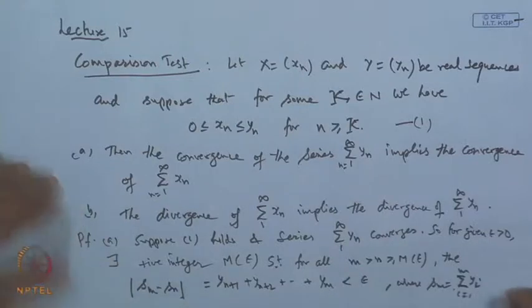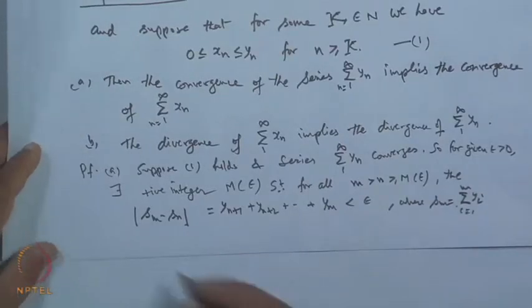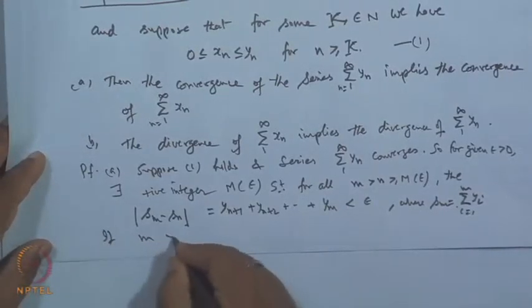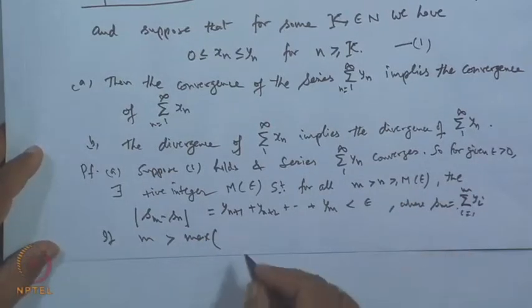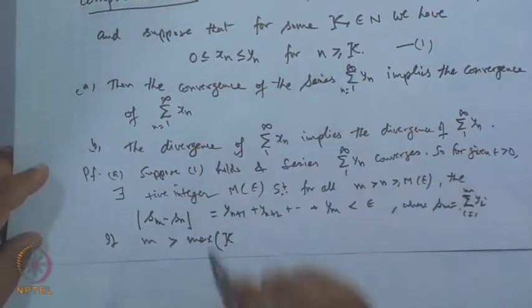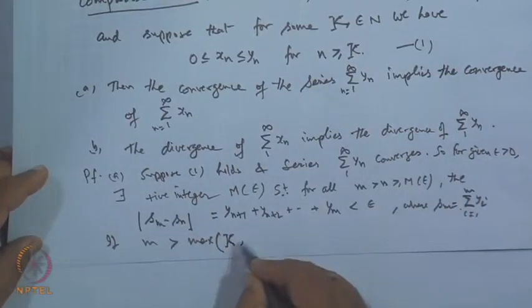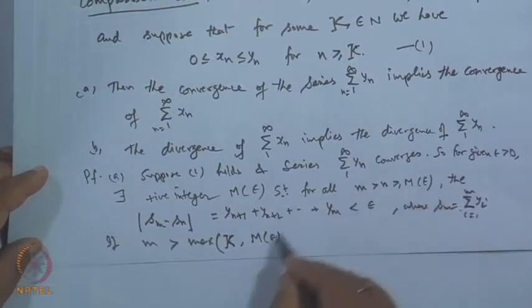Now, let us choose m to be greater than the maximum of this k, for which the inequality is valid, as well as the capital M, which we have already got because of this convergence.